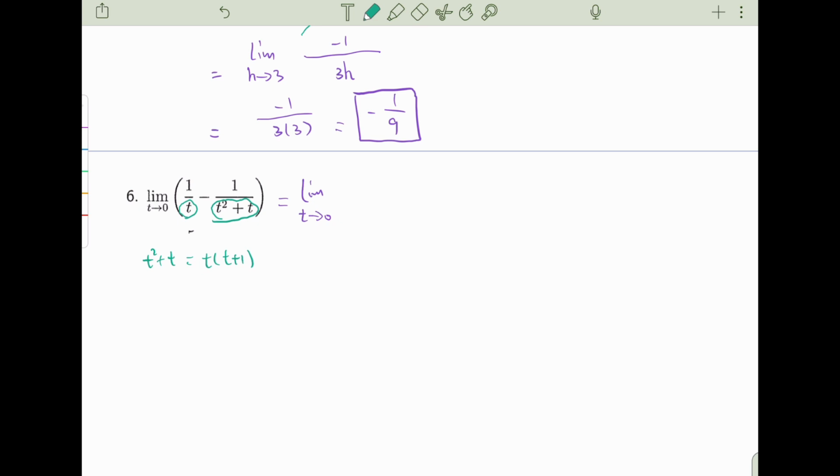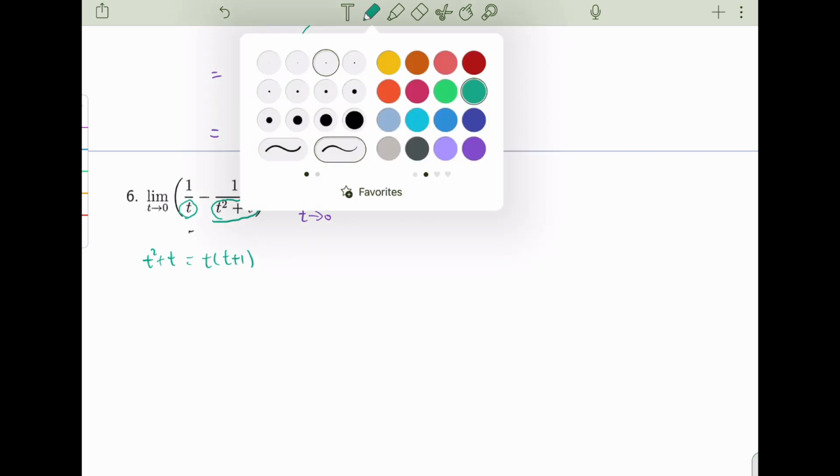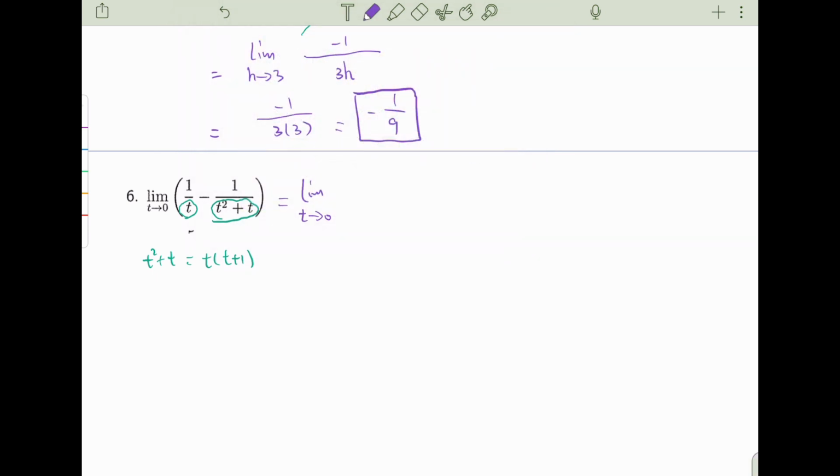What we need is just to turn the first fraction into something that has the same denominator as the previous one does. So I will need to multiply this 1 over t with t plus 1 on the top and t plus 1 in the bottom, right? So that it has the same denominator as the second fraction, so that I can combine them.